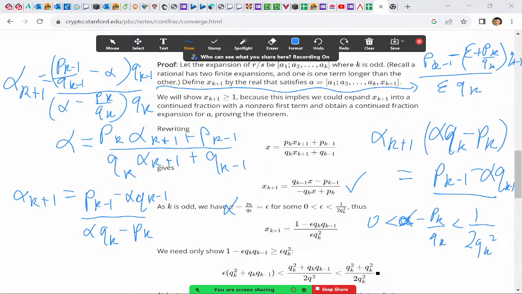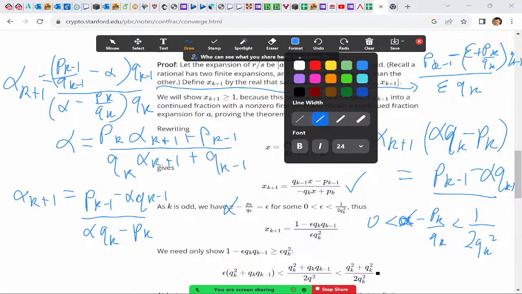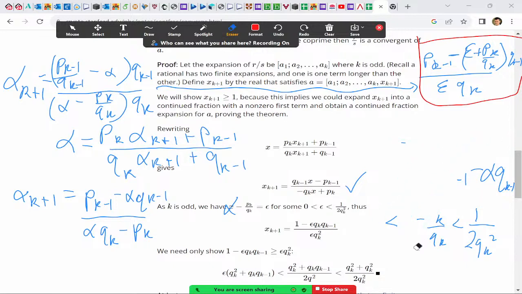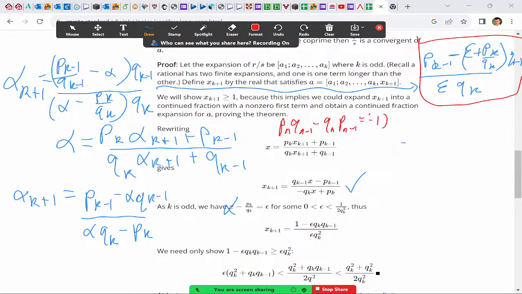Oh, okay, I kind of see what's happening here. Do you guys see what's happening? We'll have to examine this after I do this. So we're at this step here. Do you remember this identity where p_n q_{n-1} minus q_n p_{n-1} equals minus 1 to the n?